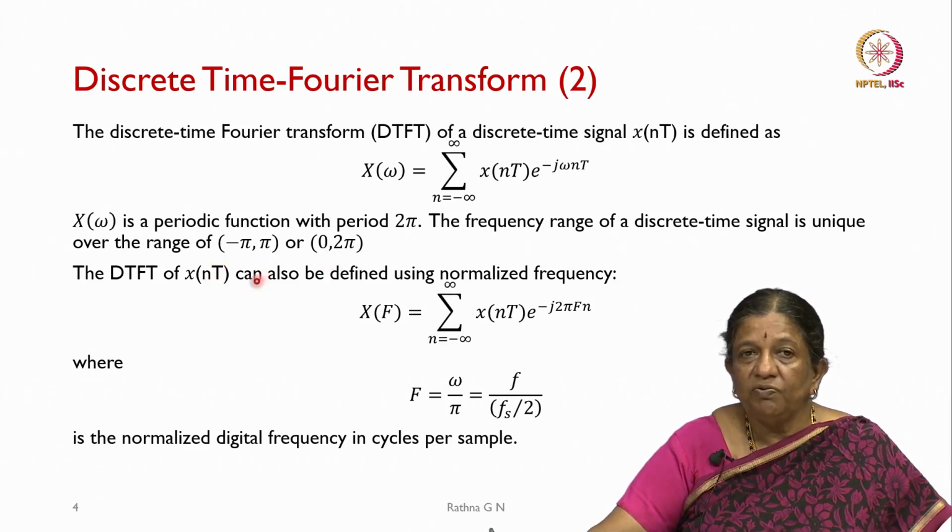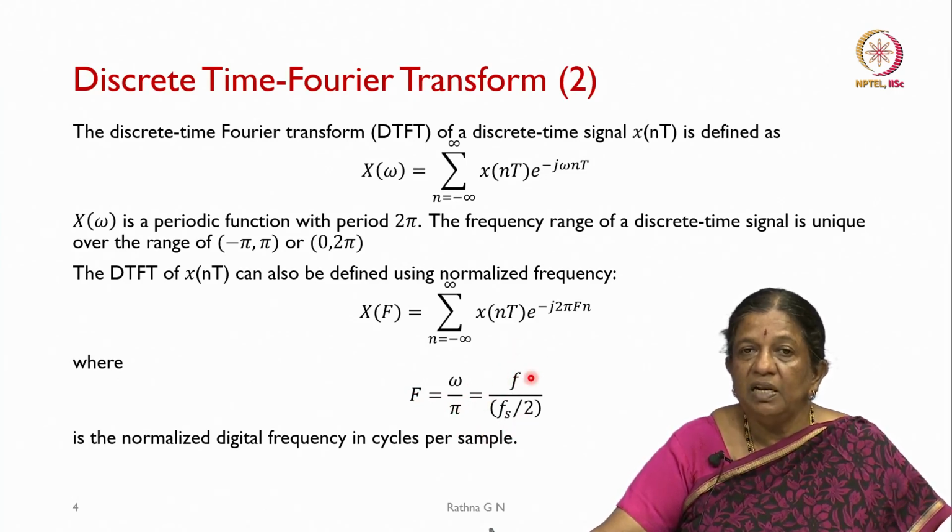The DTFT of our x of nT can also be defined using the normalized frequency. If we take that, then it is going to be X of F, which is equal to the sum from n equals minus infinity to infinity of x of nT times e to the power minus j 2 pi n F, where our F is the frequency given by omega by pi, which is nothing but f by fs by 2.